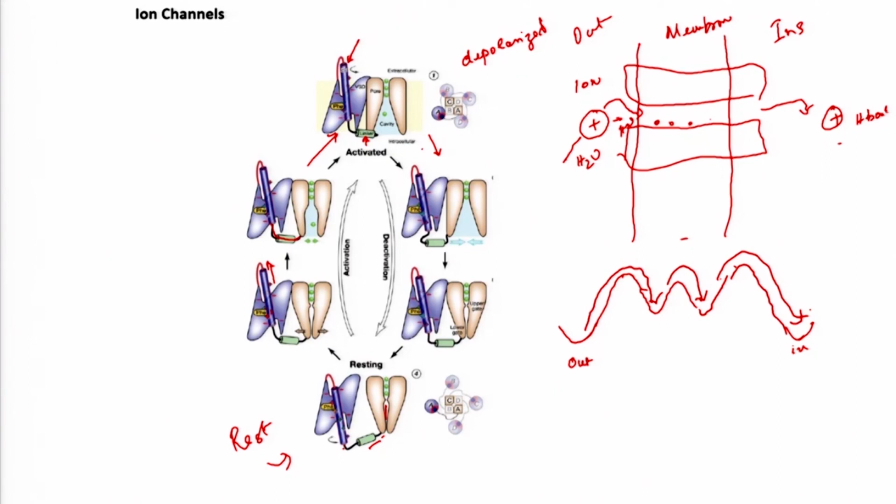And even these have come about from studies where by doing point mutations on those locations, we can see that the ion cannot flow through anymore.